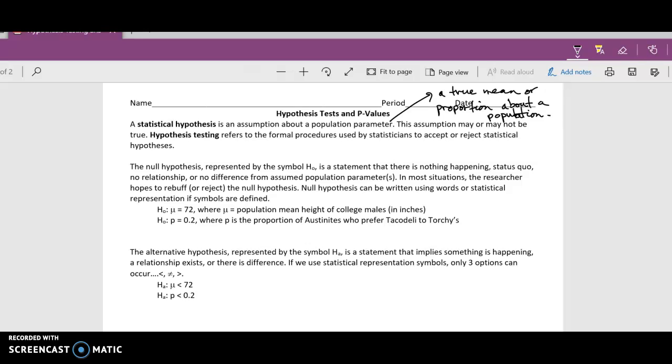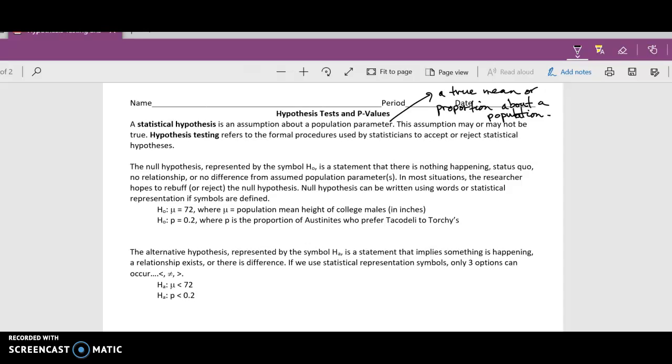This assumption may or may not be true. So we're going to make an educated guess that may or may not be true, and we'll talk about the formal way that we do that, because we do the same kind of setup, if you will, for every problem. Hypothesis testing refers to the formal procedures used by statisticians to accept or reject statistical hypotheses.